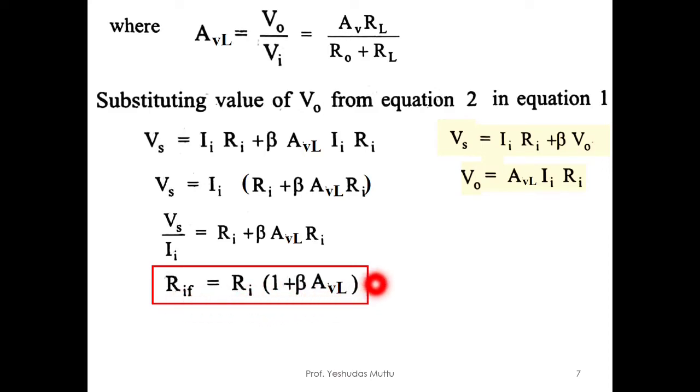So from this equation what do we come to know? We come to know that Rif is directly proportional to 1 plus beta AVL, which means this term is anyway huge, so definitely your Rif will also be huge. That is, your input resistance with feedback is more as compared to the input resistance without feedback. That's what we conclude with this particular equation.